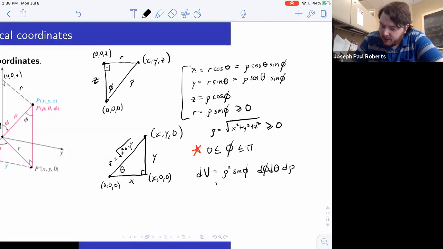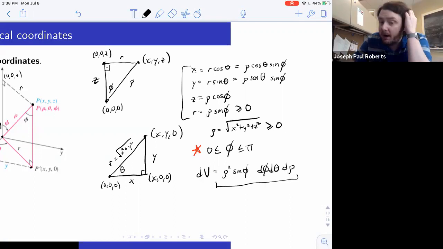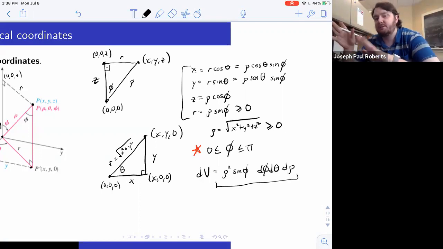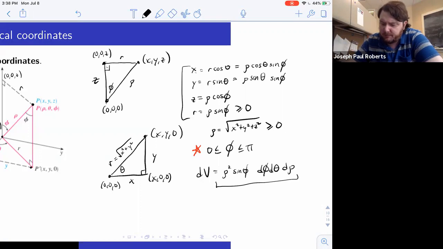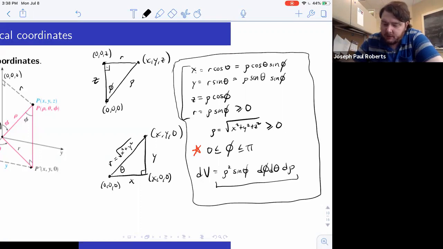So I'll show you tomorrow that optional topic as to why that's the case. But if you're not interested in knowing the why, just make sure you convince yourself that, yeah, this is what it's supposed to be. So anyway, this is our box of equations you absolutely have to know for spherical coordinates. Commit those to memory as soon as possible.